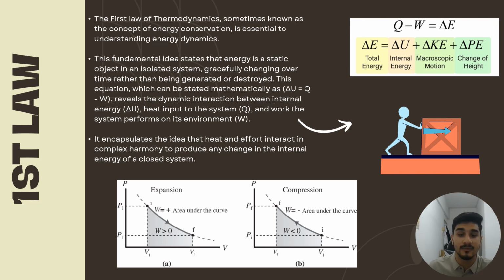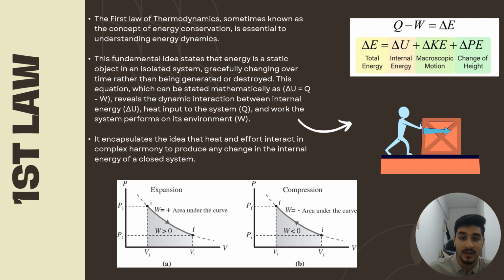The fundamental idea of the first law is that energy in an isolated system changes form over time rather than being generated or destroyed, because as we know, energy cannot be created or destroyed. This equation can be mathematically stated as I just said on the right.